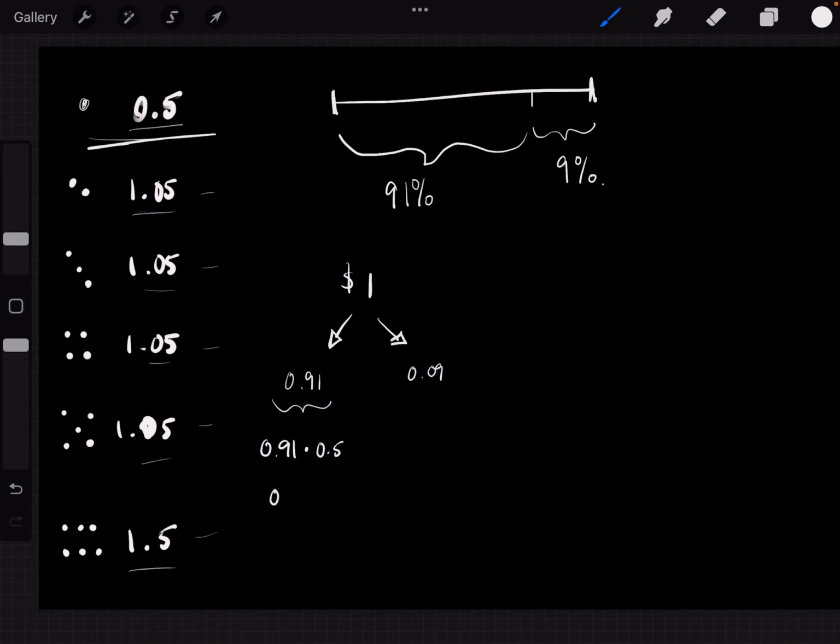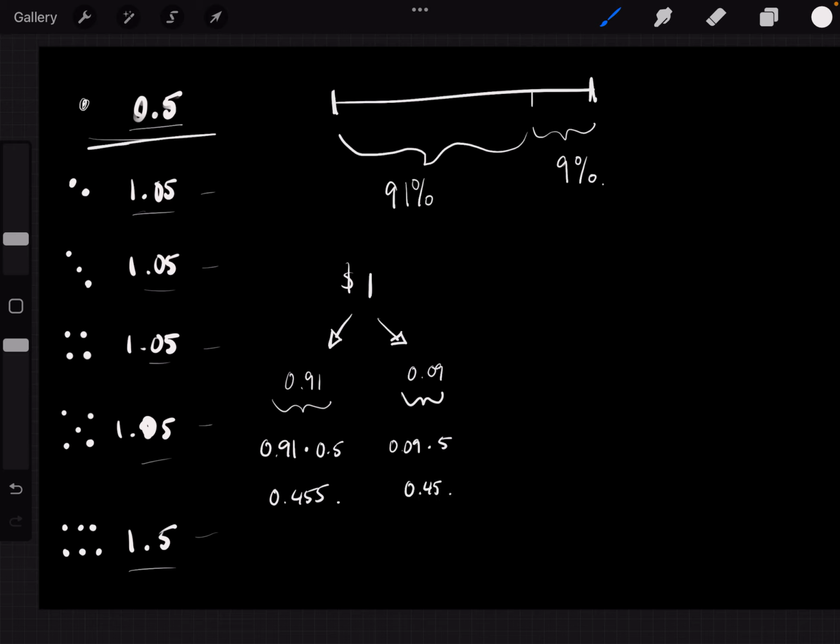What you get is 0.455. So you have 45 cents when you roll a 1, and that's what happens to your bet of 91%. But let's look over here. This is the insurance side bet you're making, and when you roll a 1 and you've paid for insurance, you increase that five-fold. So you take 0.09, multiply that by 5, and you get 0.45.